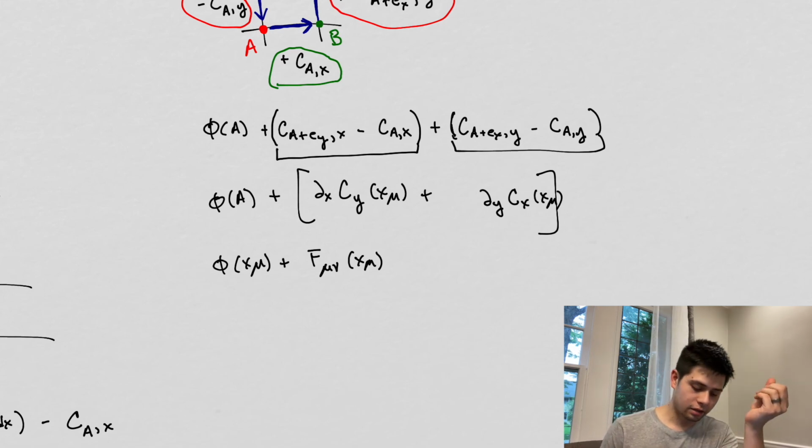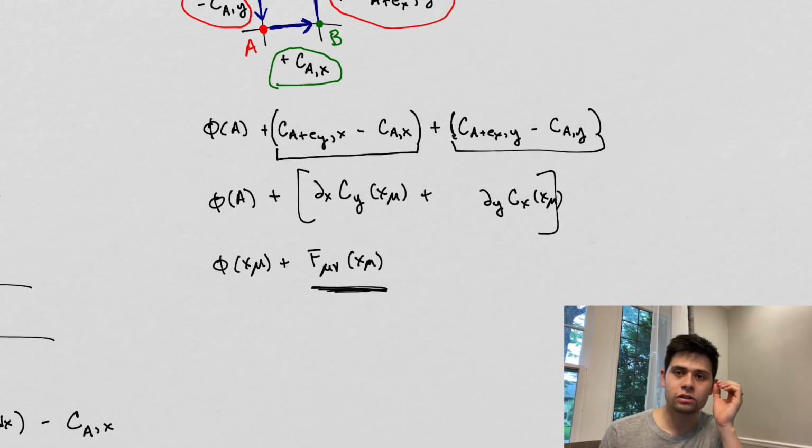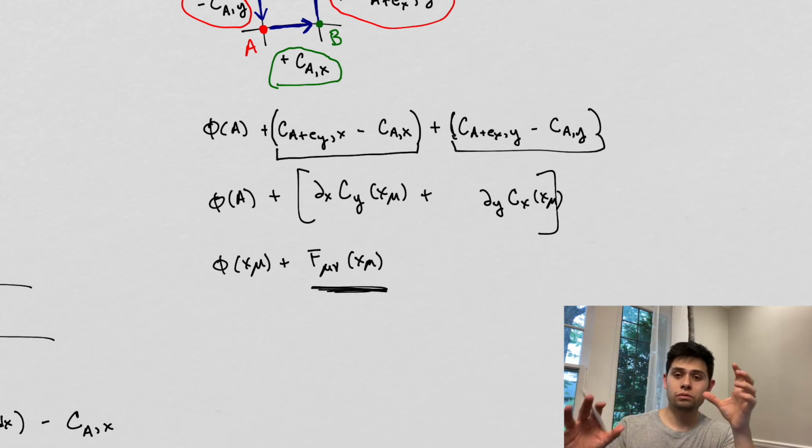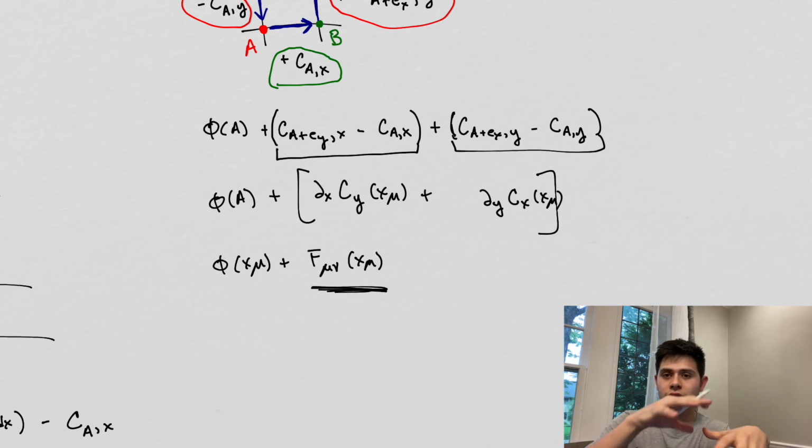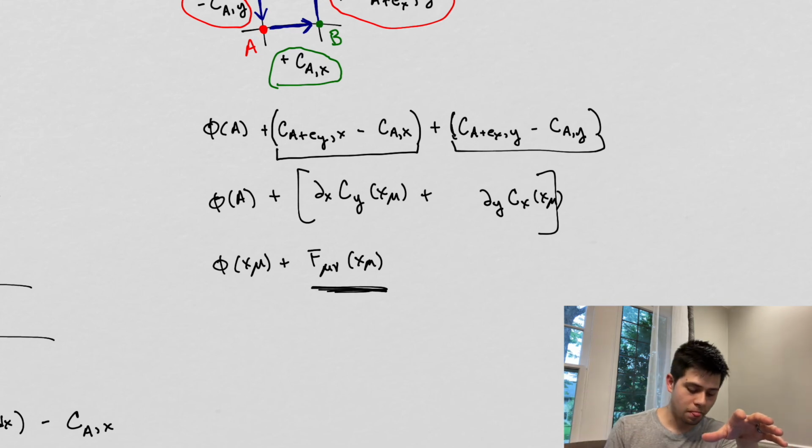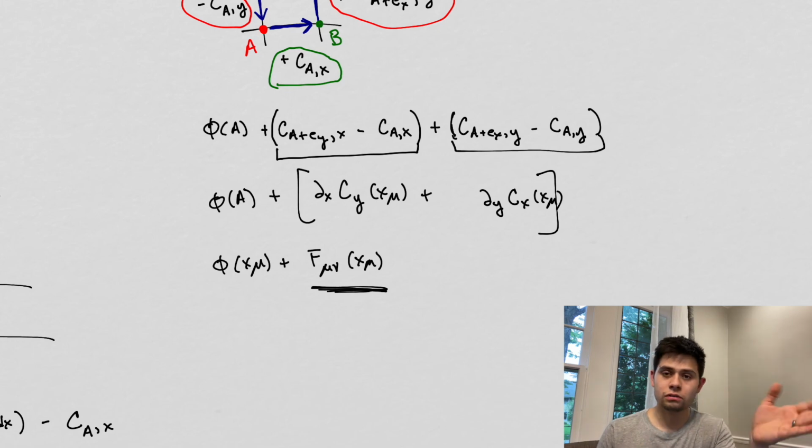And we're adding this object here to take into account our changes in our coordinate system as we go along the closed loop. We can do that in multiple dimensions. We can consider closed loops in multiple dimensions, and that's what this object is.